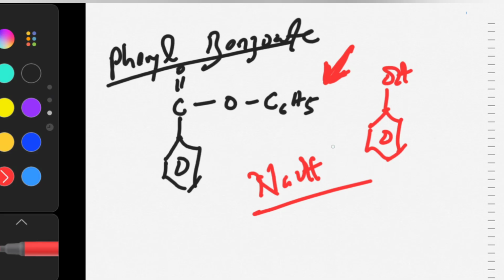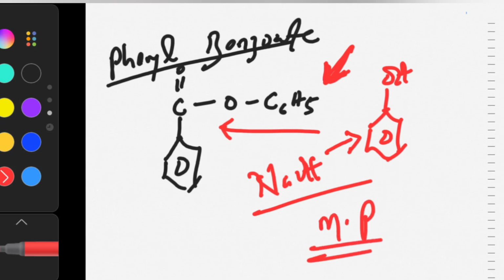So sodium hydroxide helps in converting the phenol into an efficient nucleophile, meaning electron rich, that would help in the formation of the phenyl benzoate. Okay, you are asked to determine the melting point. No one is going to ask you the melting point of phenyl benzoate. No, you should know the chemistry, right?